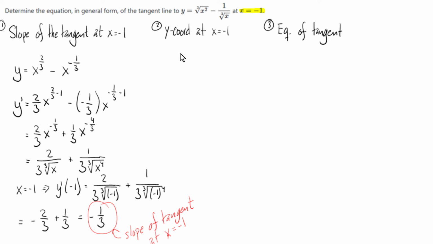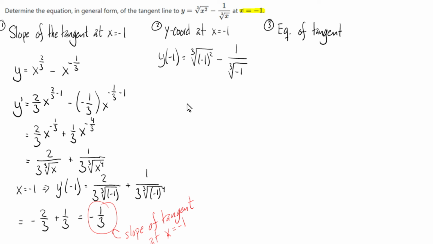Now in step 2 we need to evaluate the original expression, the original function, at x equals negative 1 to get the corresponding y coordinate. So we're going to do y of negative 1 equals the cube root of negative 1 squared minus 1 over the cube root of negative 1.